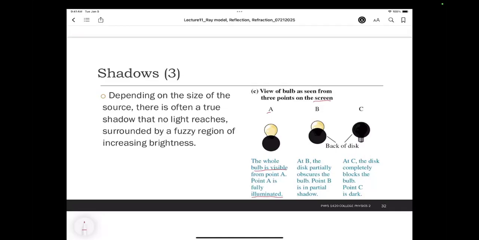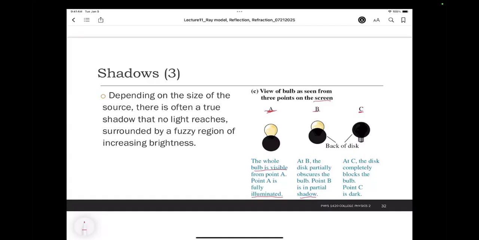Point B is in partial shadow, and at C, the disk completely blocks the bomb. Point C is dark. The whole bomb is visible from here, partially.